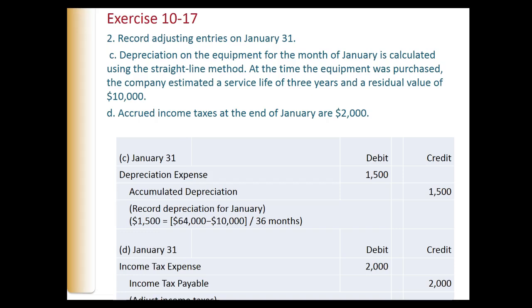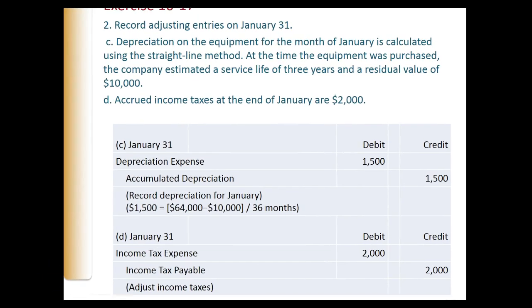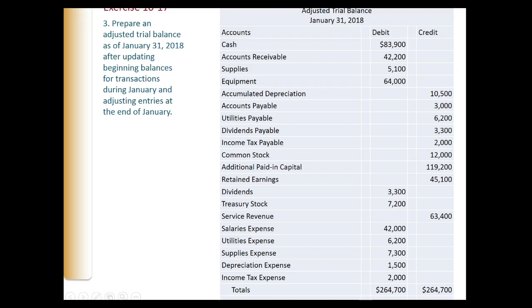And then D, accrue income taxes at the end of January, $2,000. We'll debit income tax expense for $2,000, credit income tax payable for $2,000 to accrue for income taxes. Then our next step is to prepare an adjusted trial balance.